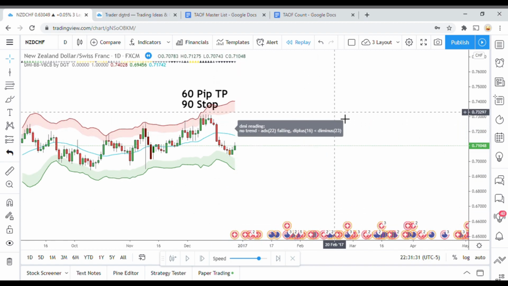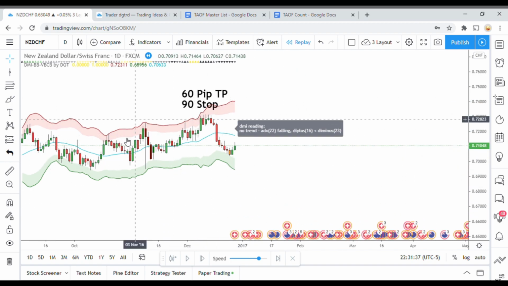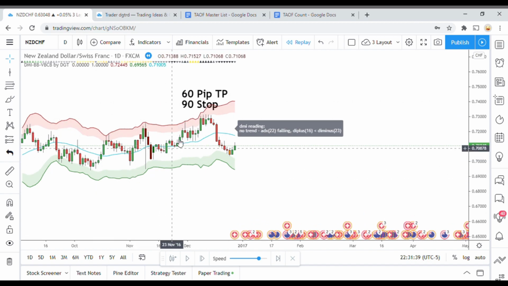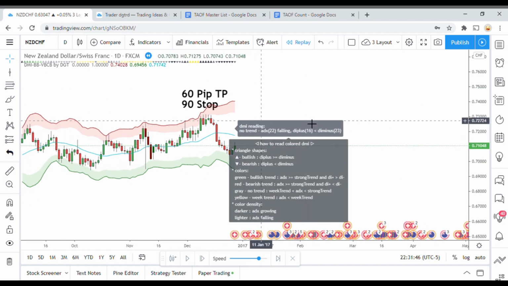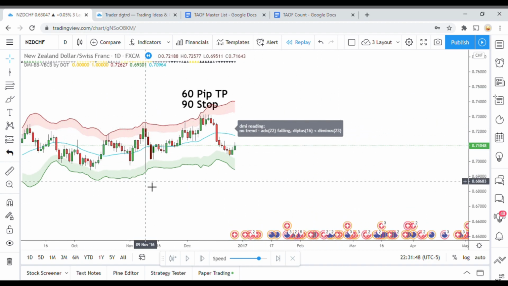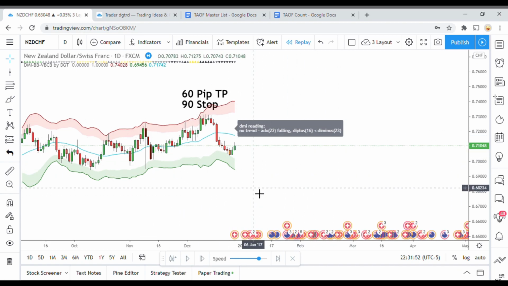So this box right here, this window, is where we actually get our signals from. We're not really looking at much back here as far as what's happening on price action with the bands. We're just paying attention to this window pane and the information it's giving us.